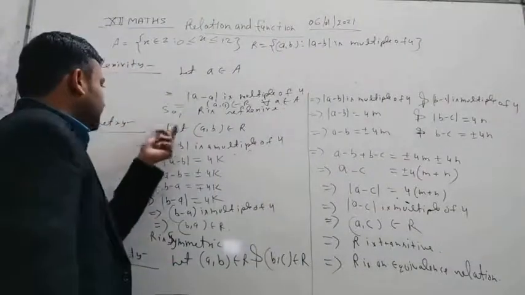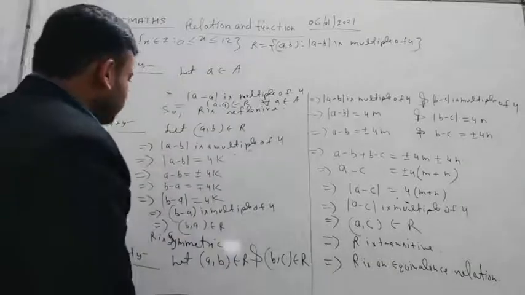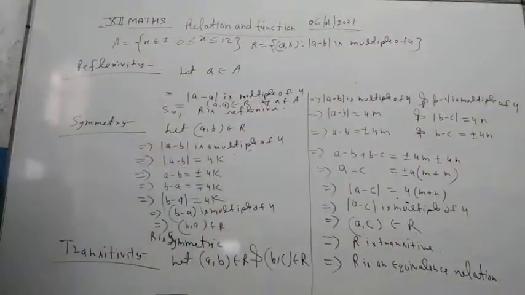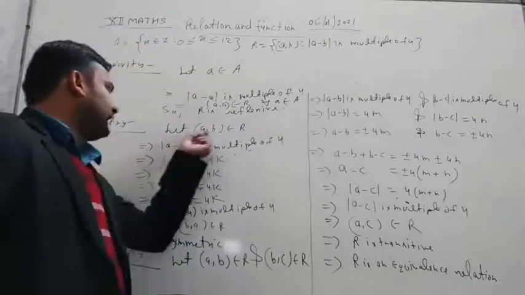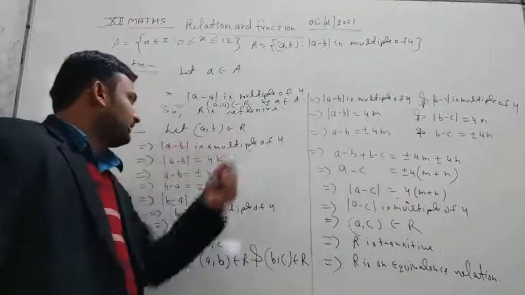Now symmetric: let AB belong to R. So A minus B is a multiple of 4.